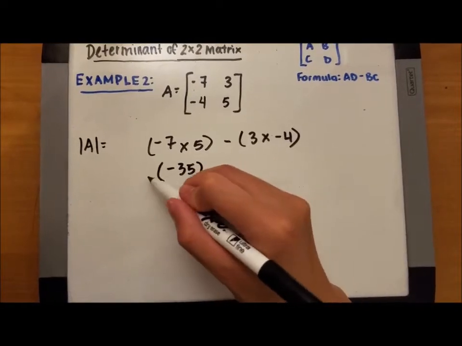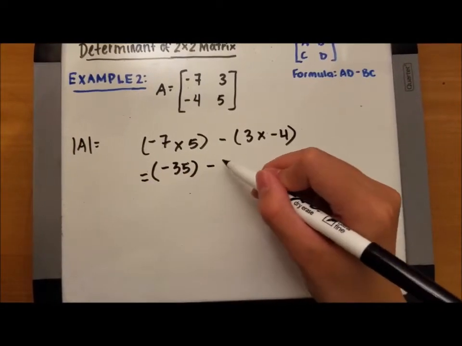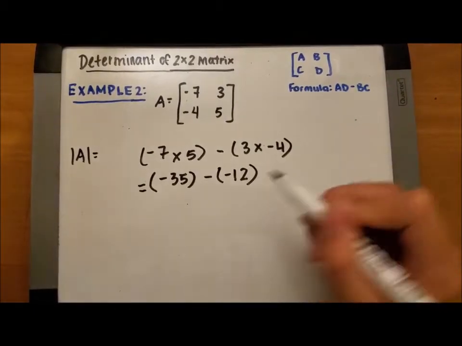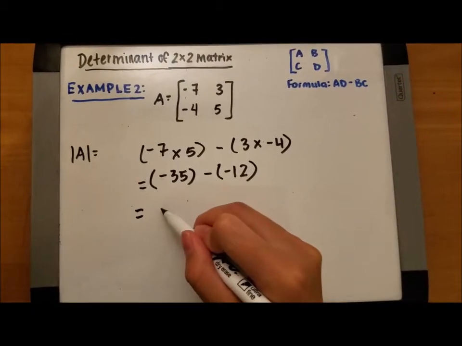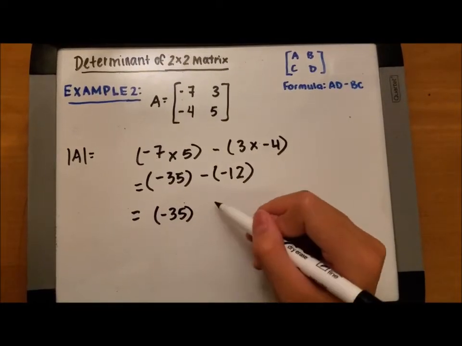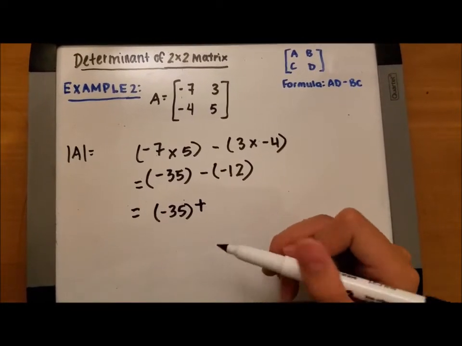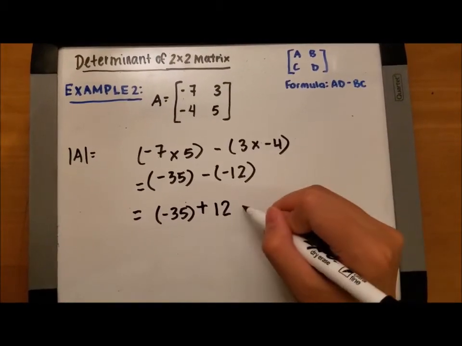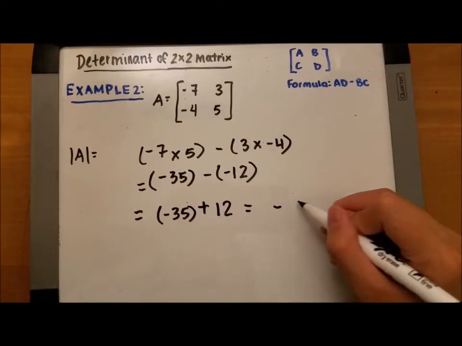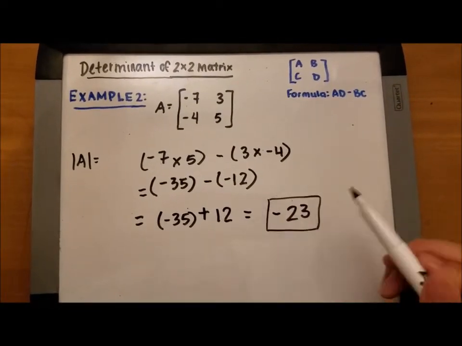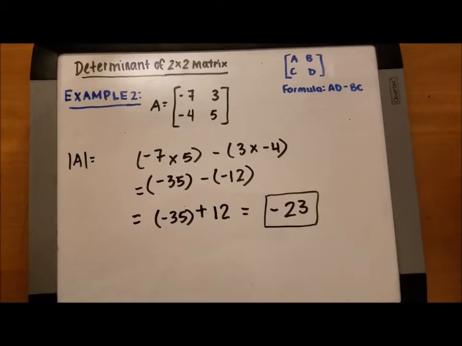Let's put those in parentheses. Then minus 3 times negative 4 is negative 12. Next line, we bring down negative 35, and we have a negative and a negative, so that becomes a positive. Negative 35 plus 12 equals negative 23. So the determinant of this matrix A is negative 23.